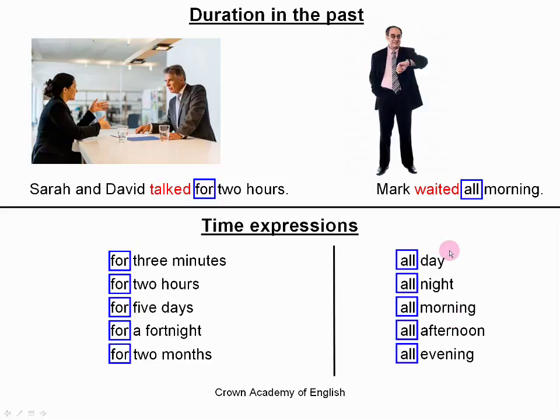So with the all expression, look carefully, you can see that all of these words after all, they are in the singular. So that is important. It must be in the singular when we talk about a duration in the past. And for, it is often in the plural. Okay?